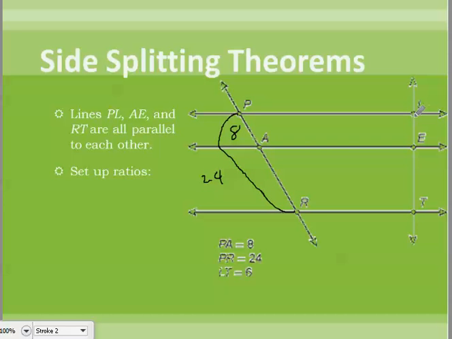And over here, this whole distance is 6. This is the one we don't know right there, right? So we can say 8 divided by 24 is equal to x divided by 6. Means and extremes. 6 times 8 is 42 is equal to 24x. X is equal to 42 divided by 24.